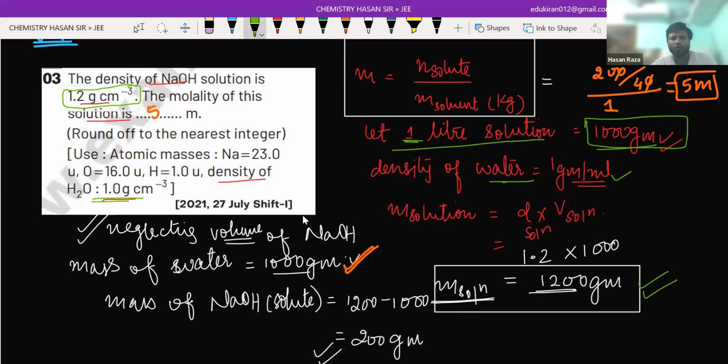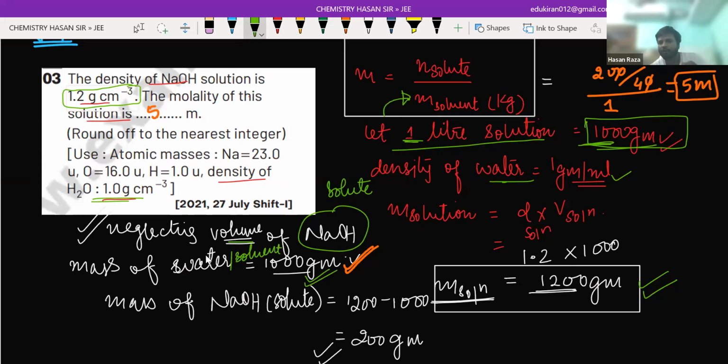Now the volume of NaOH, that means solute, we are going to neglect, so that we will be able to consider this 1000 gram of solution volume as mass of water or solvent. And in this way, you get the mass of solvent to put it here.